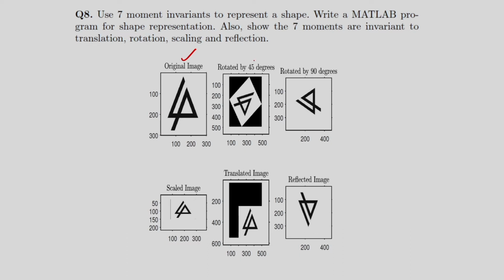So this image can be rotated. In this case I am rotating the image by 45 degrees, and by 90 degrees. I can do the scaling, the translation, and also the reflection of the original image. For all these cases I can determine 7 moment invariants, and from this I can prove that the 7 moments are invariant to these transformations.